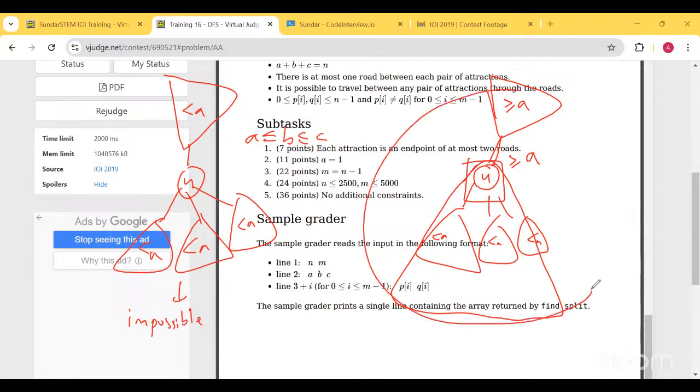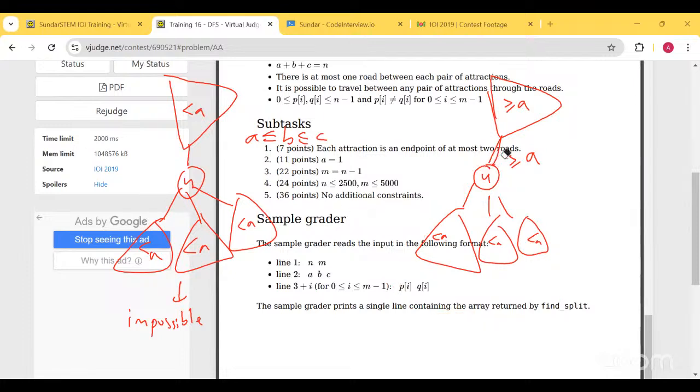How about this? Can we always solve this? How to create a partition? Do you know how to create a partition from this?